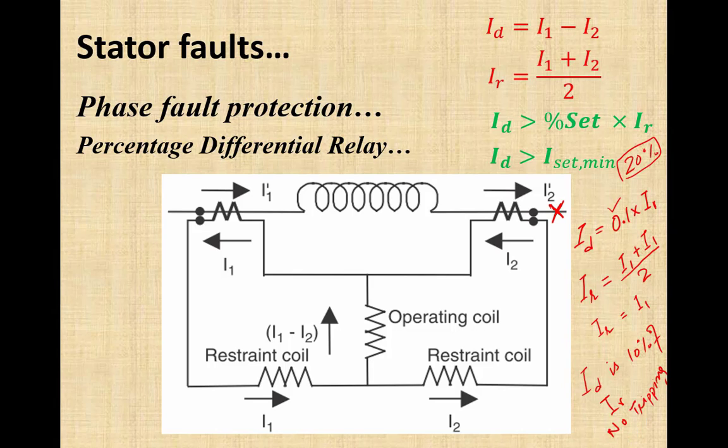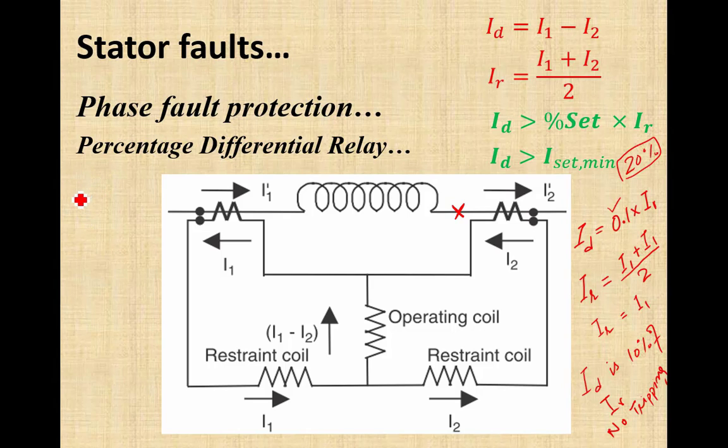Now let's see the second case. If fault occurs inside the zone of protection here, and we assume that this generator is not connected to the system, that's why there is no contribution from this side. So current through the primary of this CT will be 0. Now let's do the calculation again, that is within the zone fault.